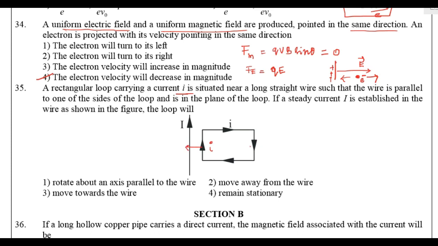Here the current is in opposite direction, so this will be repulsion. The force is inversely proportional to the distance, so here this force will be greater. So the attractive force is greater, and it will move towards the wire.